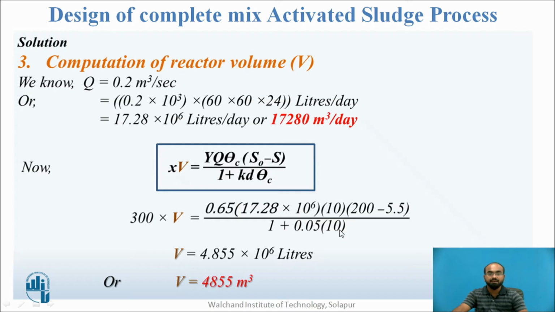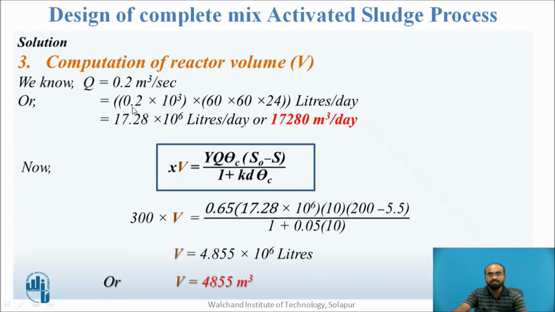So let us go to step 3, that is computation of reactor volume. We know that Q is 0.2 meter cube per second, but if we want to go for the formulation to calculate the volume, we need the flow rate in terms of meter cube per day. So we will convert meter cube per second to meter cube per day. How can we do that?